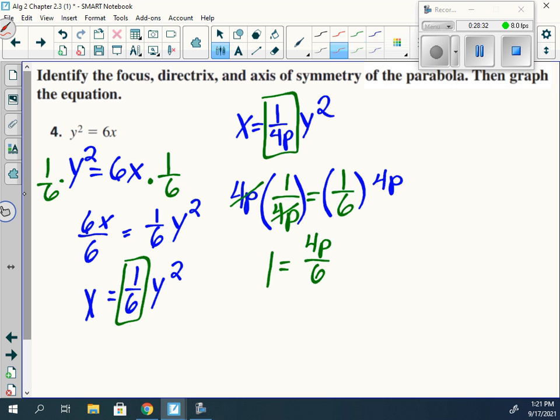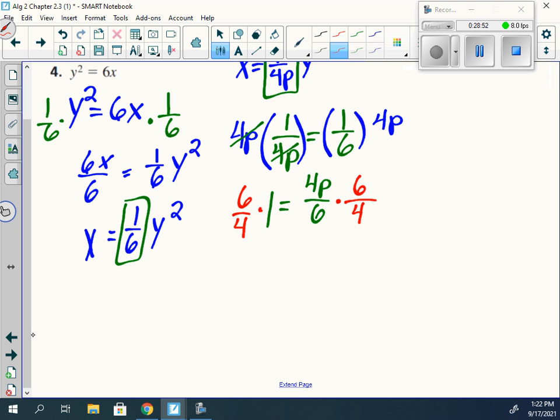Now what can we do next? Because we can multiply by 6 and divide by 4. And this works out very interestingly, because 6/4 times 1 is, well, 6/4.